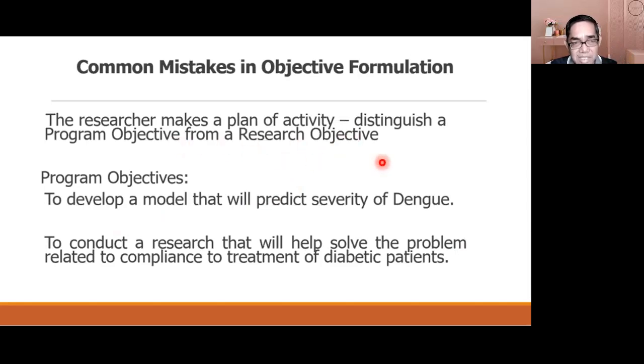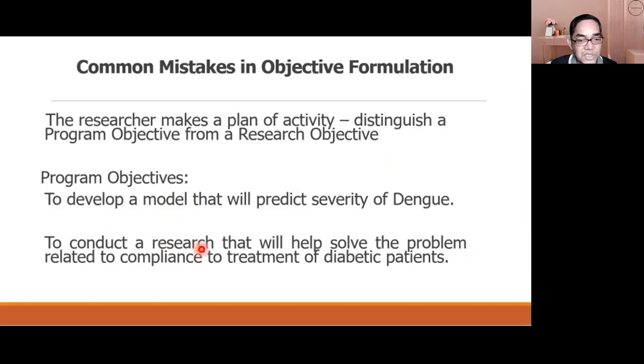A research objective is something that we determine by way of data collection. Let me repeat that. A research objective is something that we determine by way of data collection. So when you say to develop a model, you are developing a model. That's a program objective.